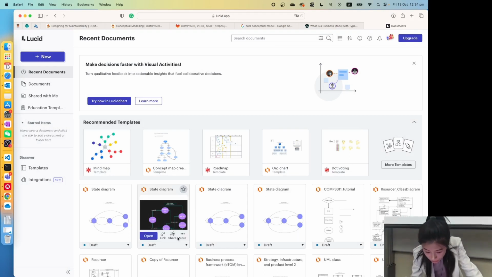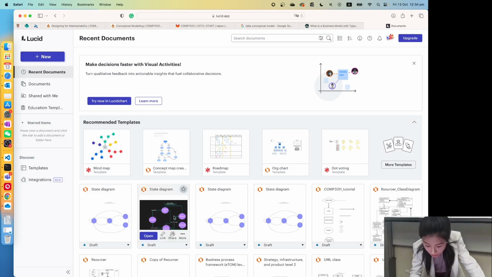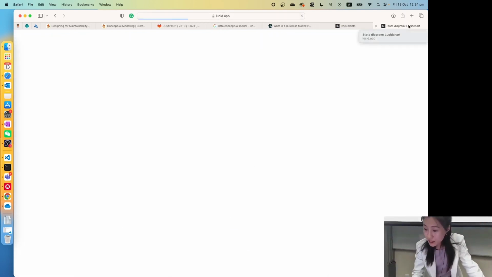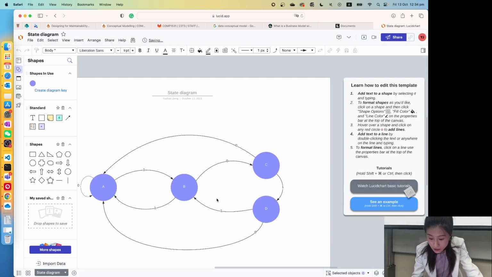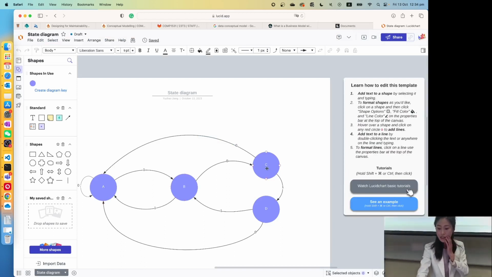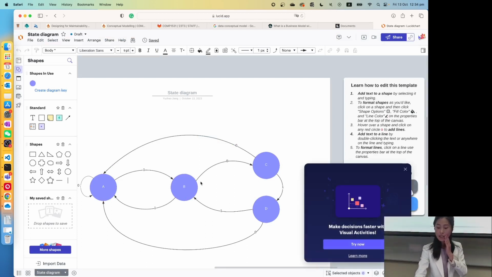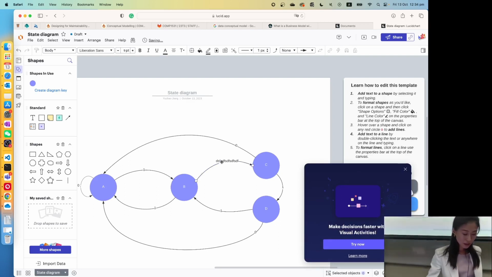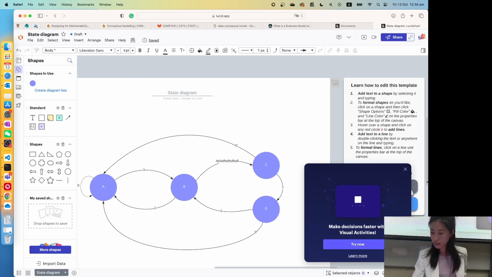For example, you can transit from state A to state B, to C, D, and you can also have the event here. You can write down the event here, and also the transitions using these arrows.